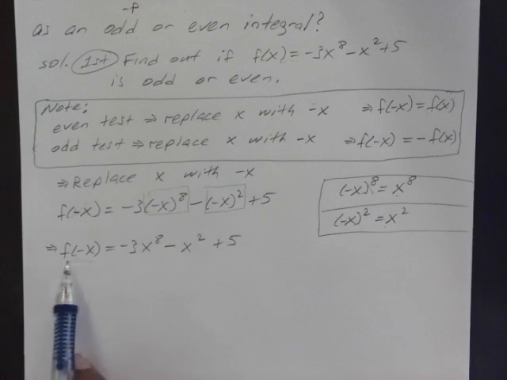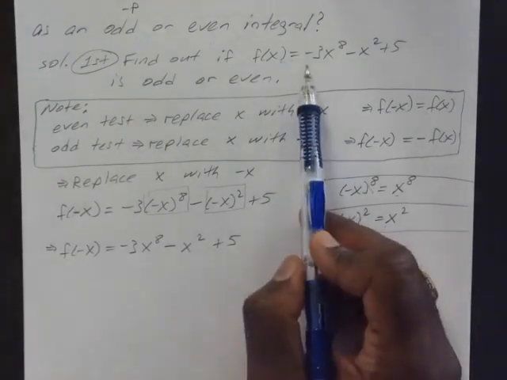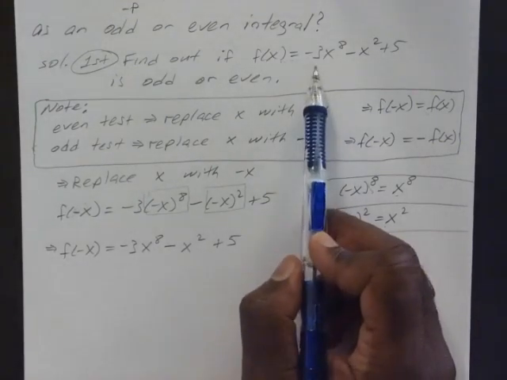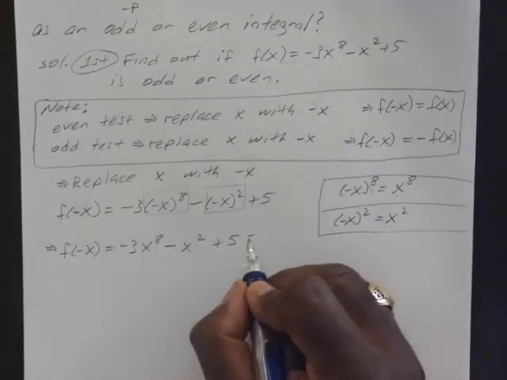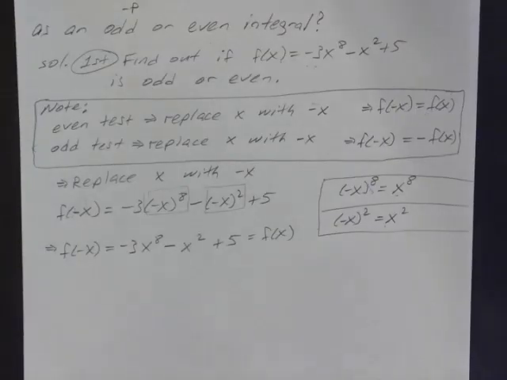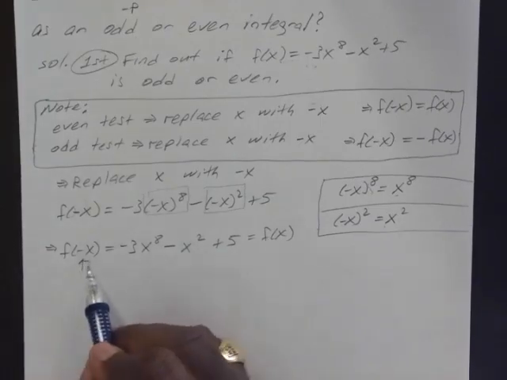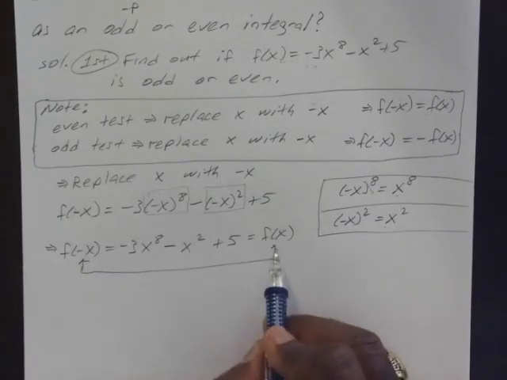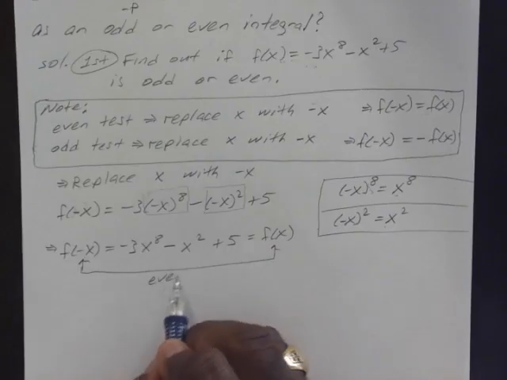Okay. So replacing x with negative x just gives us our original function. So it's equal to f of x. Since f of negative x is equal to f of x, we know it's an even function.